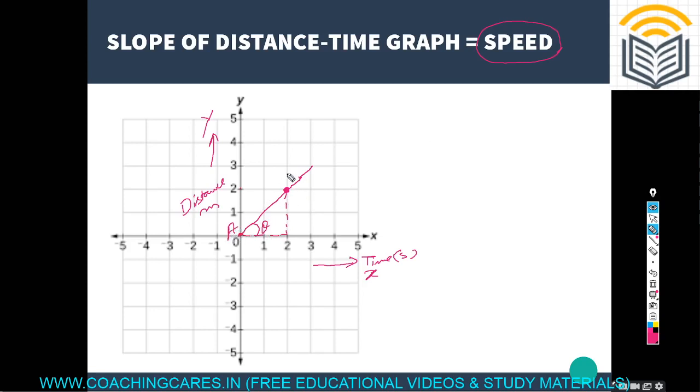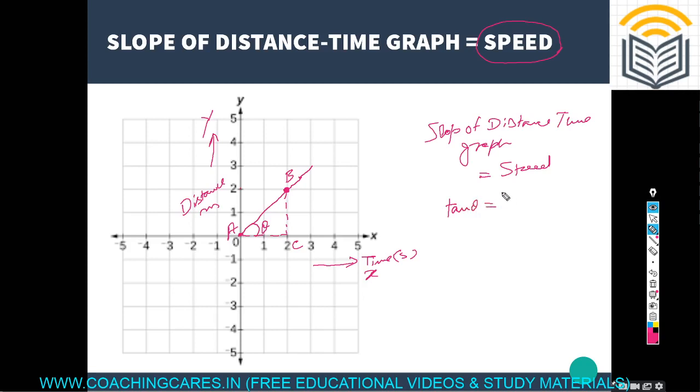I assume this is A, this is B, this is C. So the slope of the distance time graph will be equal to what? Speed.